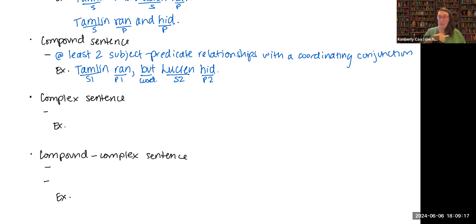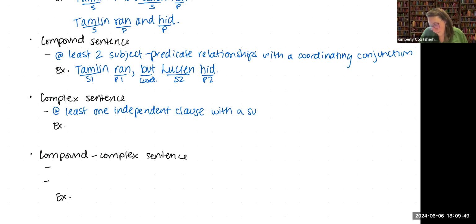So since a compound sentence relies on coordinating conjunctions, complex sentences are going to actually rely on subordinating conjunctions. So with a complex sentence, what we're going to have is at least one independent clause, okay, with a subordinating conjunction.